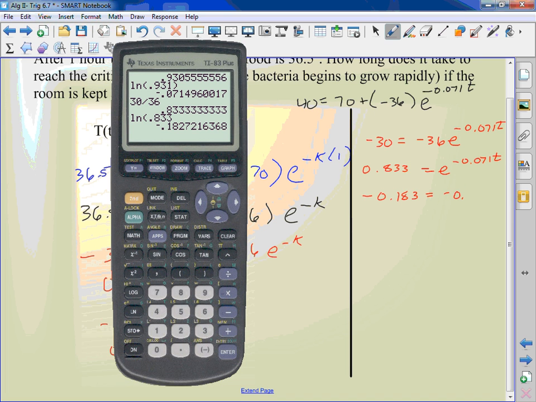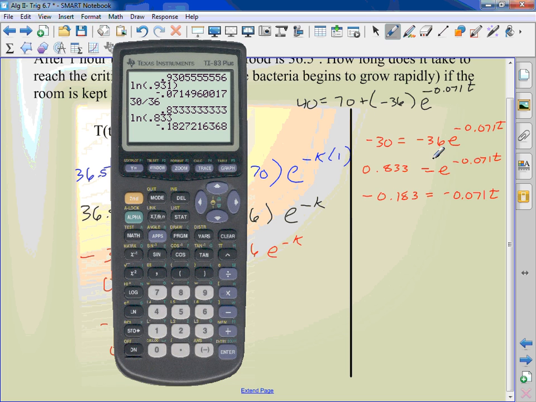Negative 0.071 t. Right up here, I subtracted over the 70, so I get the negative 30. Divide by the negative 36, and I get the 0.833. Now to get rid of the e, I take the ln of both sides. ln of 0.833 is negative 0.183.